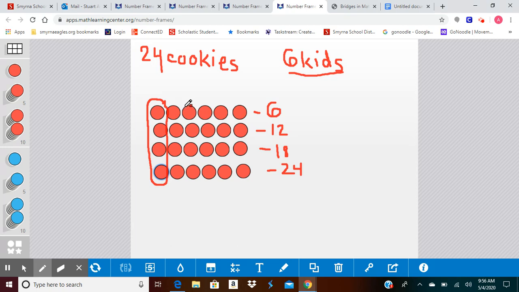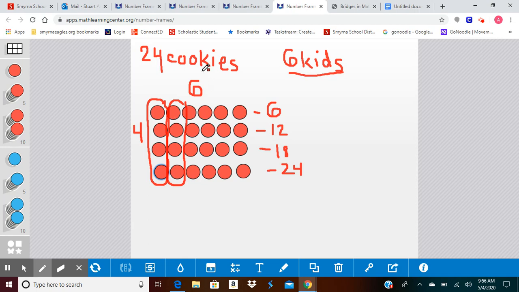If I look going down into my rows, my array is a 4 by 6. So if there's 6 kids, each kid is going to get 4 cookies.